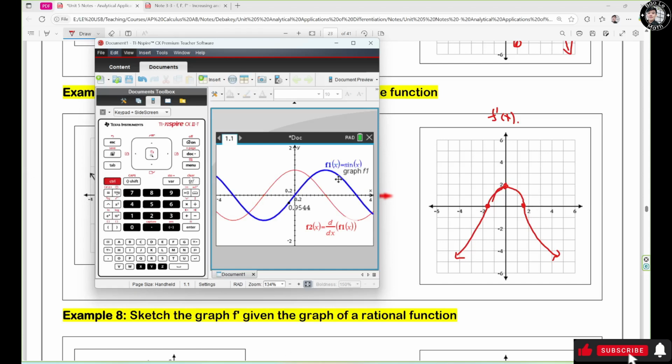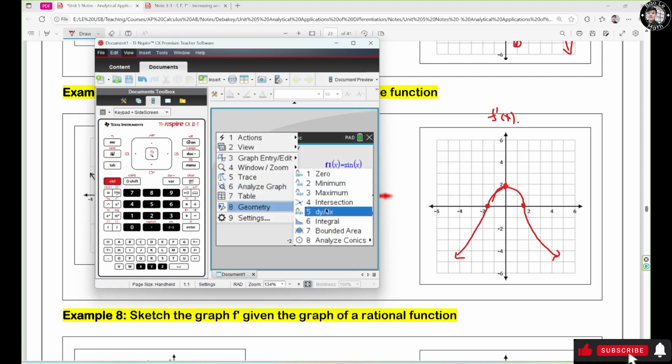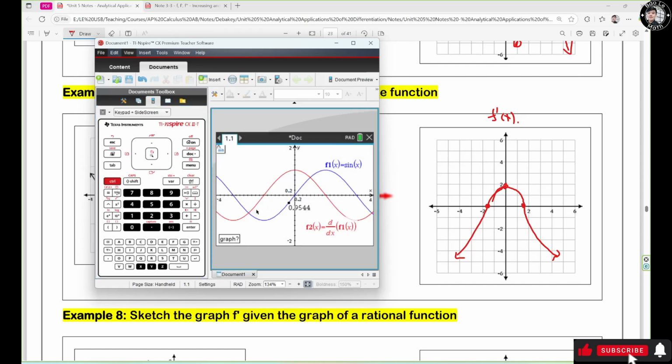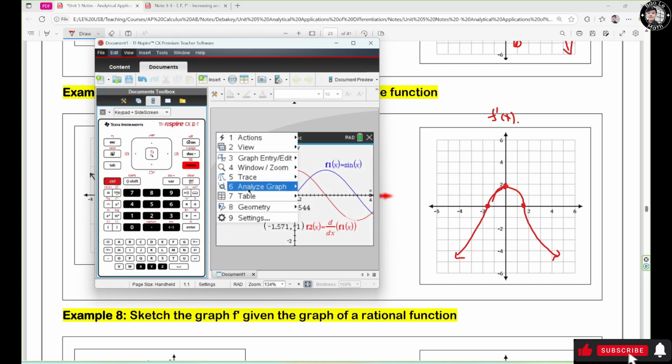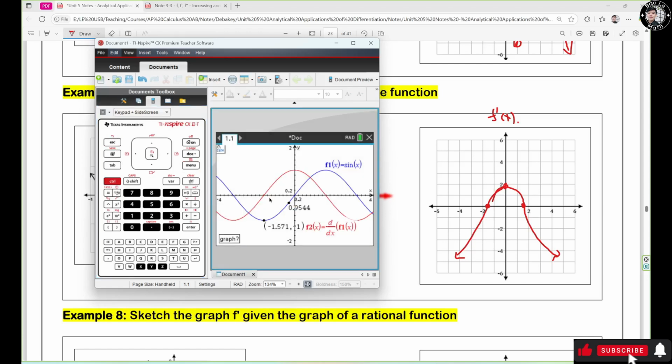Now I just find the minimum, maximum, and the point of inflection, and I'm gonna match this guy to see how it looks like, right? So I hit menu, analyze graph, the minimum, right? Minimum of this guy, right? So I need to move the cursor to the left, to the right. It's gonna be right here, right? Now I need to find the 0 of this guy, right? So I need to hit menu, analyze graph, 0, right?